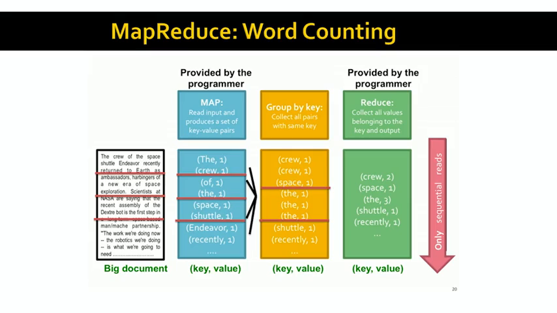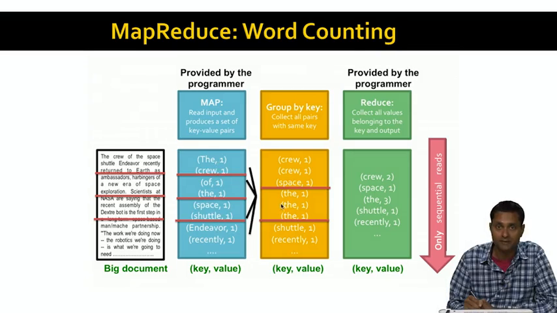So if you use 3 reduce nodes, then the MapReduce system is smart enough to split the output of the map into three reduce nodes, and it makes sure that for any given key, regardless of which map node they start out from, all instances always end up at the same reduce node.